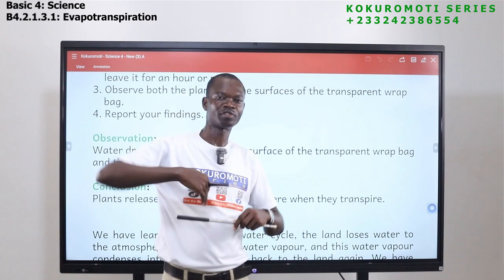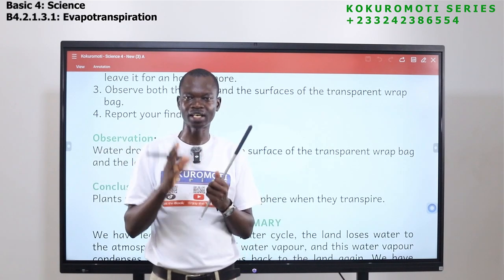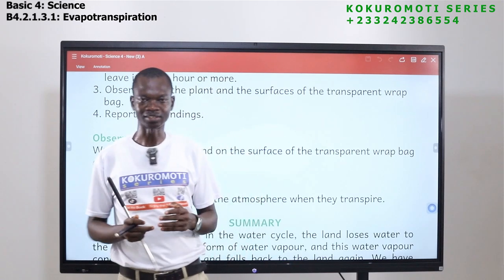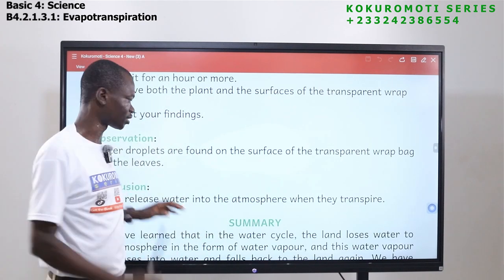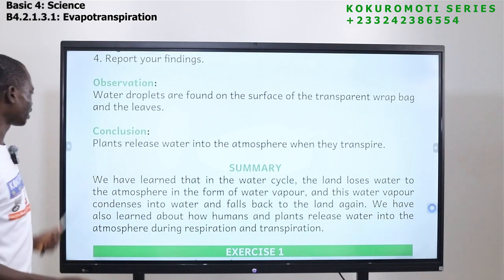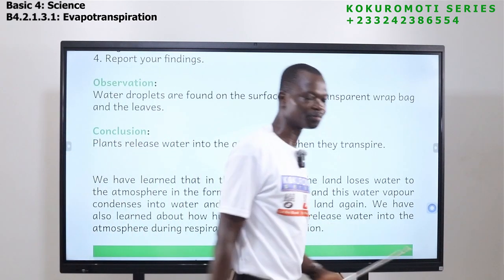The transparent wrapper prevents it, so it stays inside. This vapor becomes cool and turns into water particles. So that is what you see, and this is how transpiration happens. Okay, so today, in summary, we have learned that plants release water into the atmosphere when they transpire.